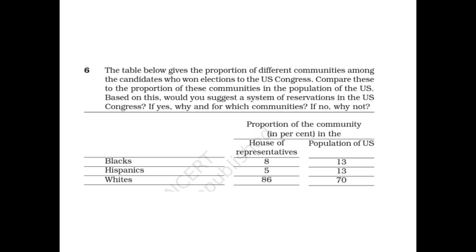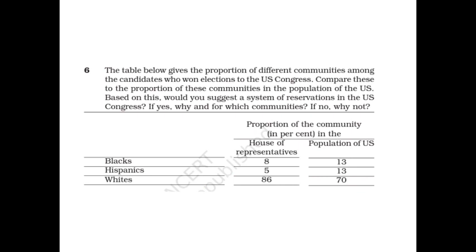The table gives the different communities living in the US, mainly blacks, Hispanics, and whites, and the proportion of each community in percent.